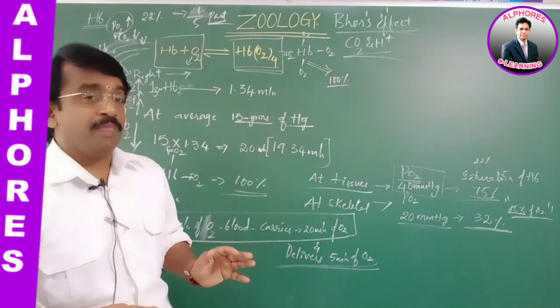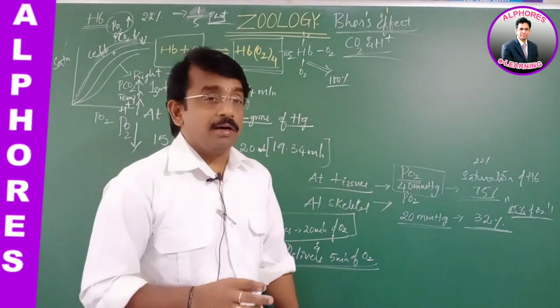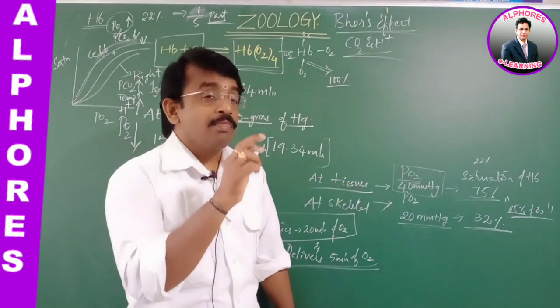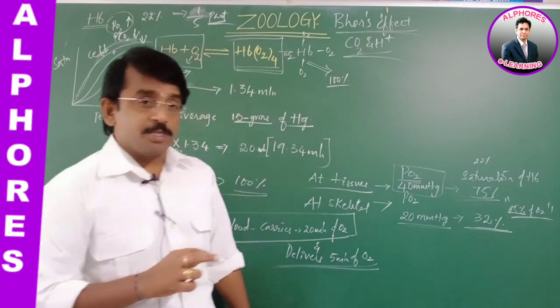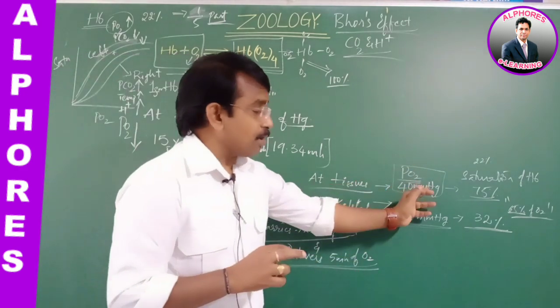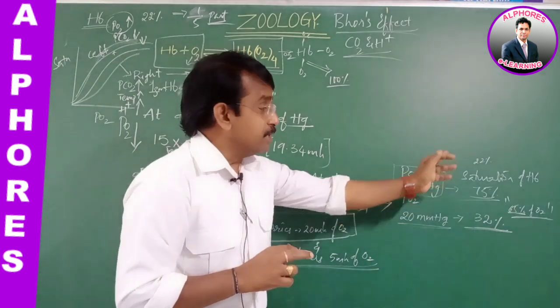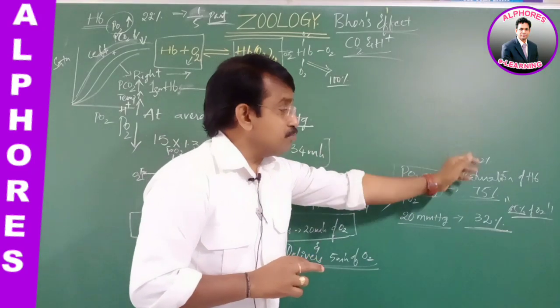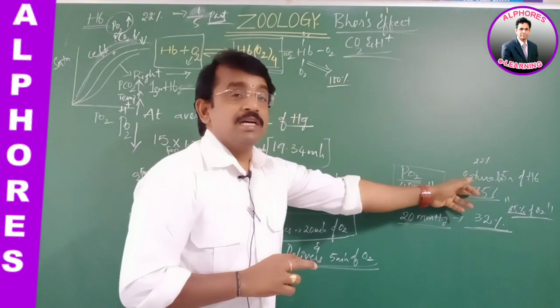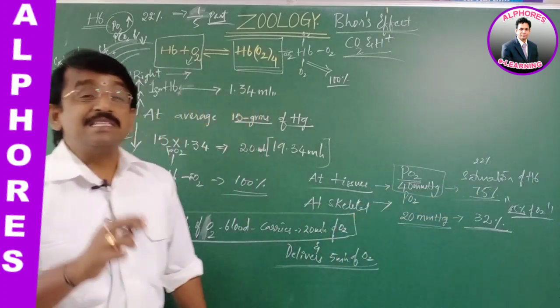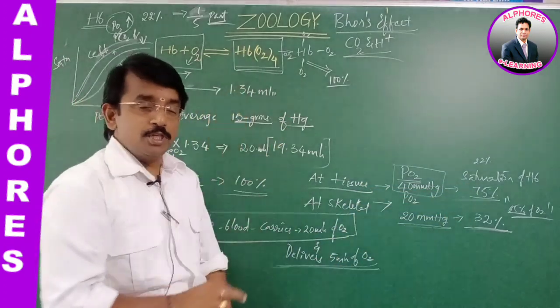The reason is that under normal conditions the tissues are at 40 mmHg, where the saturation of the hemoglobin is still 75%. This is the reason why it can be done.